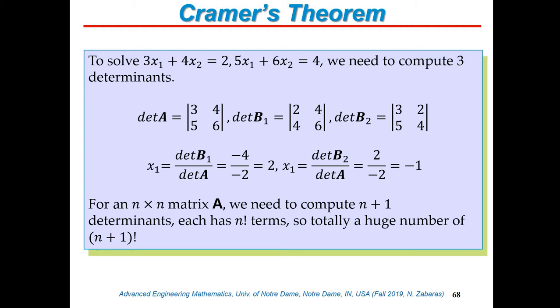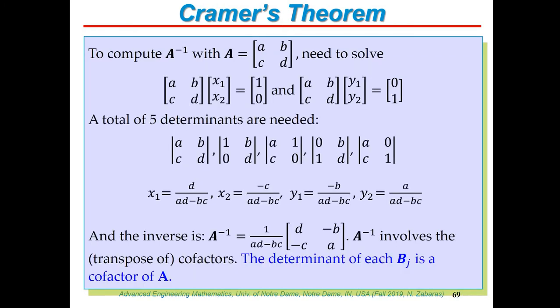All right. So can we use now this idea to actually compute the inverse of a matrix? And I'm going to do this for the very simple case of a 2 by 2 matrix. Okay, remember what is the inverse of a matrix, right? So A multiplies A inverse and gives you the identity.